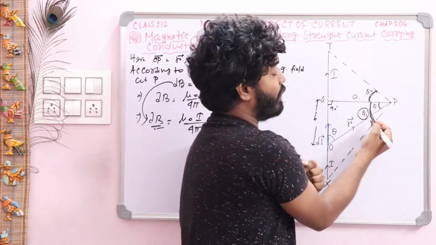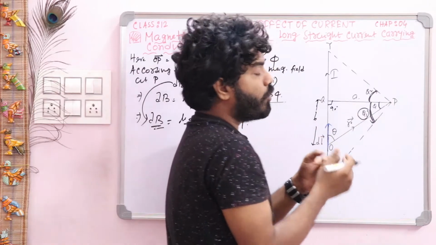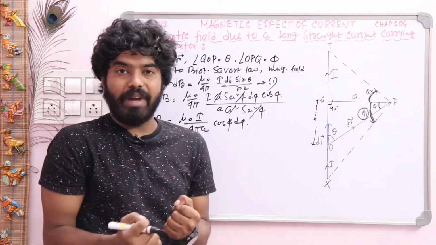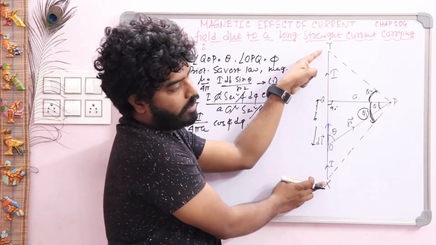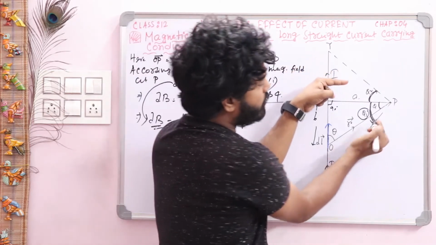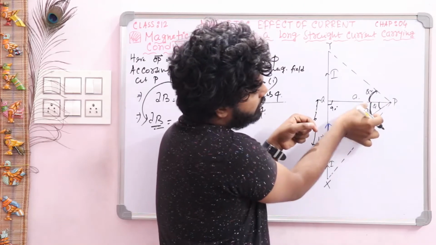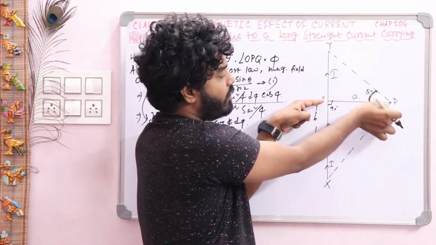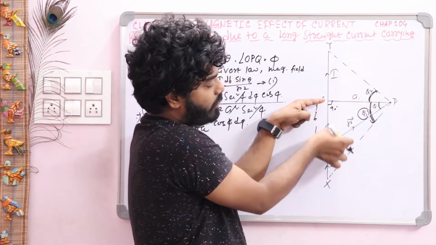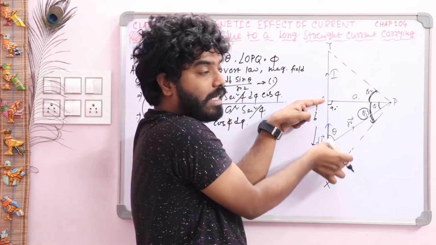So taking minus phi 1 to phi 2, we will get the total magnetic field due to this total conductor XY. When the angle is increasing, the length of the conductor is also increasing.